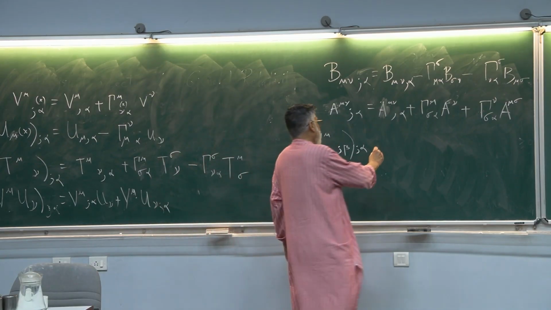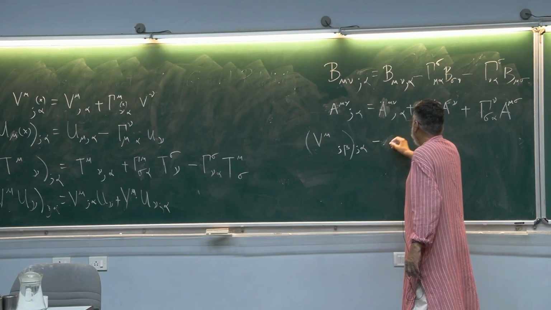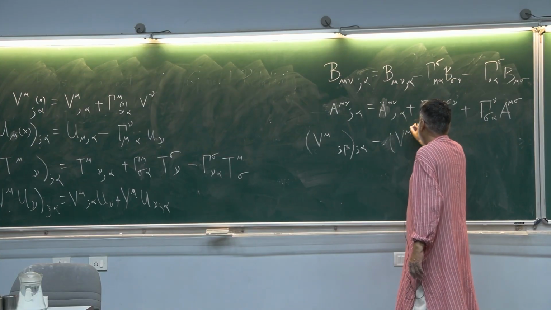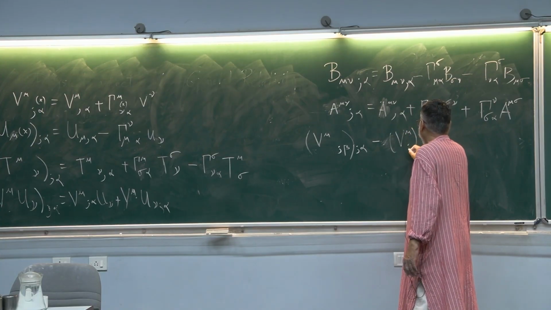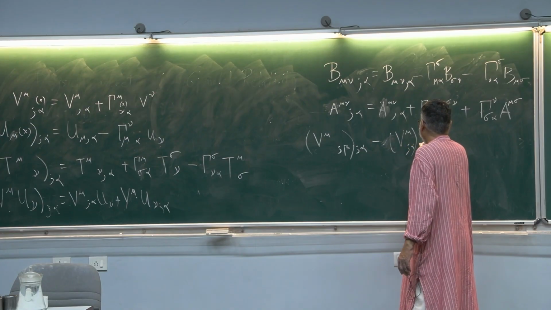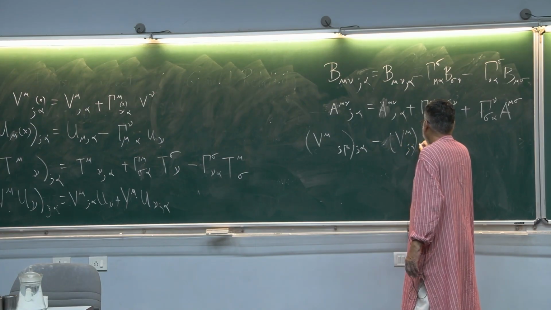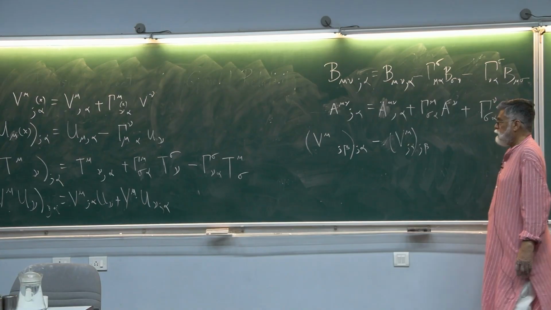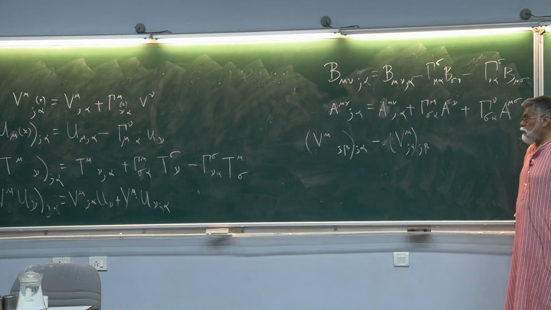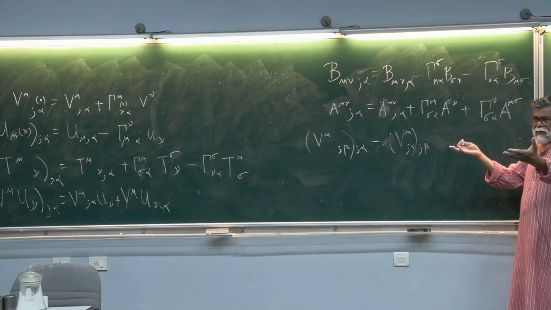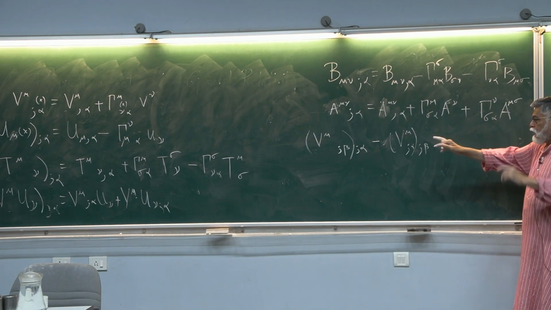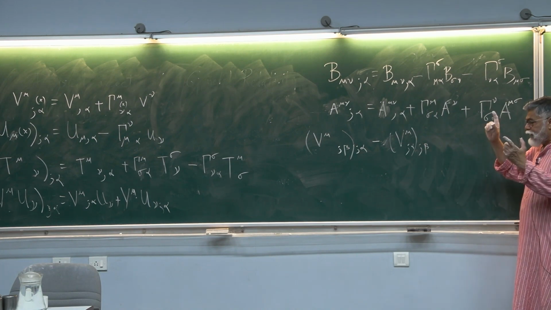Then from that you subtract: take the covariant derivative with respect to α, then the covariant derivative with respect to β. Yes, it will be algebraically very complicated because you are taking the covariant derivative twice.